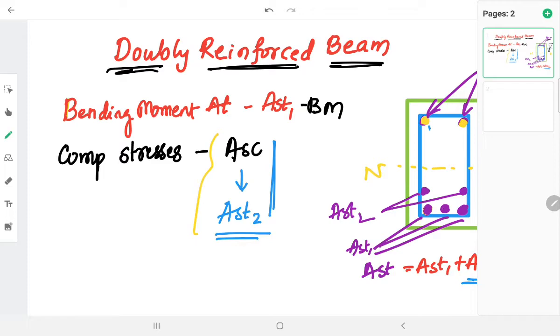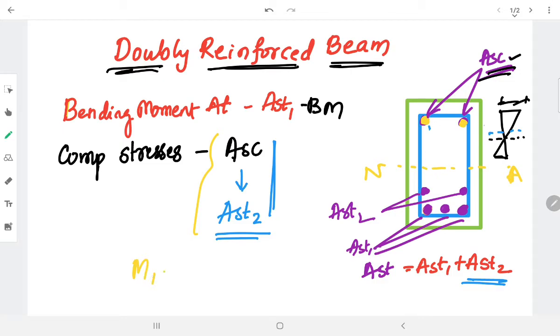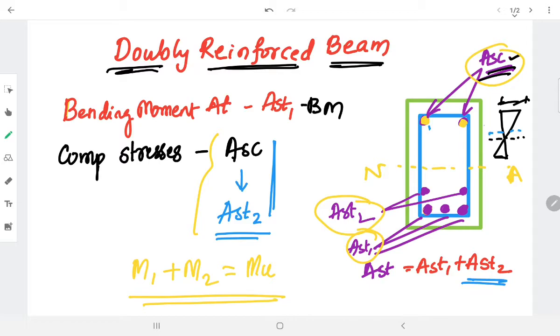Before we solve, we must know the equations. There are also moments: M1 plus M2 will give you the value of Mu. M1 is the moment resisted by Ast1, and M2 is the moment resisted by Ast2 and Asc. Together, M1 plus M2 give the value of Mu. When you solved singly reinforced beams, you directly calculated the value of Mu.